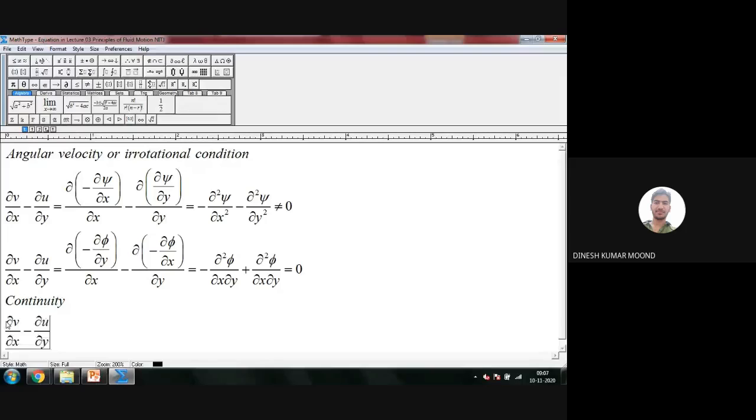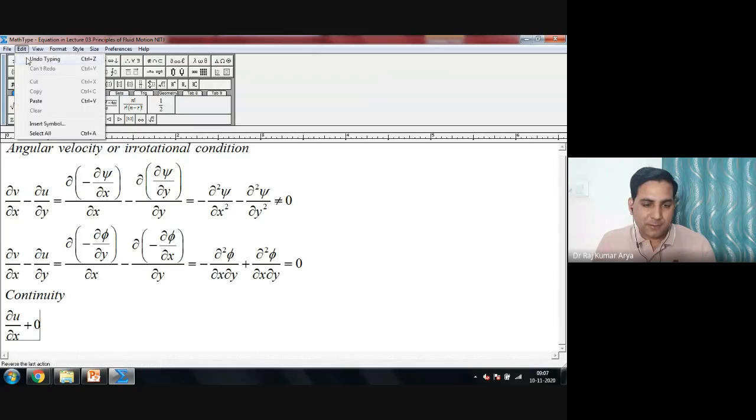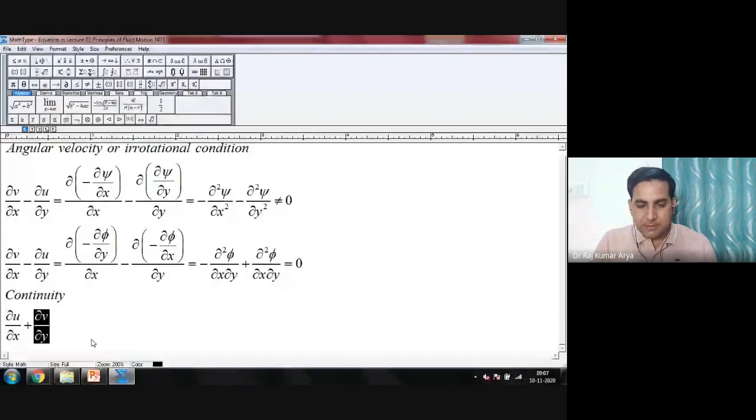Del u upon del x plus del v upon del y equals zero. This is the continuity in the 2D xy plane, for 2D incompressible flow, whether steady or unsteady. That is not a condition here.